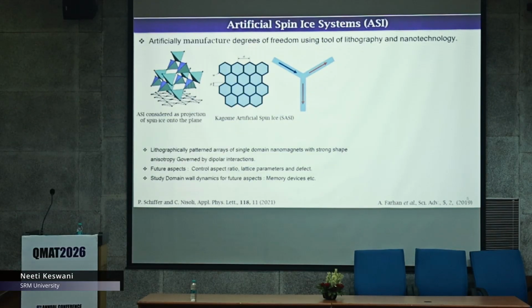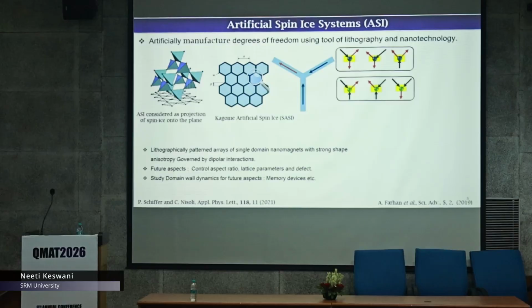What are artificial spin ice systems? Basically, they are artificially manufactured arrays of Ising degrees of freedom using lithography and nanotechnology. With the help of nanotechnology, we ensure that these systems have very strong shape anisotropy. When I talk about very strong shape anisotropy, it means they will be governed by dipolar interactions.